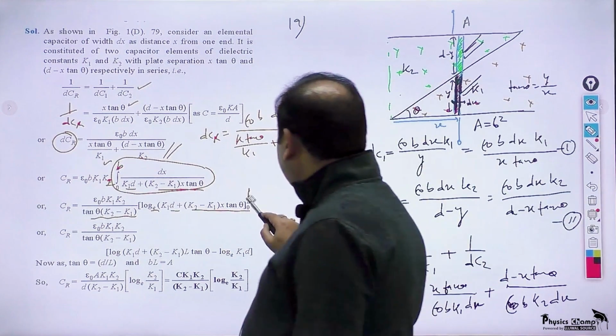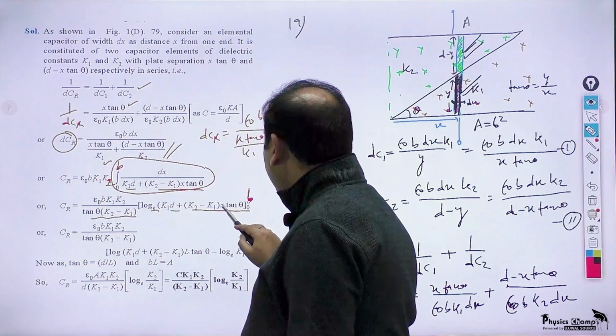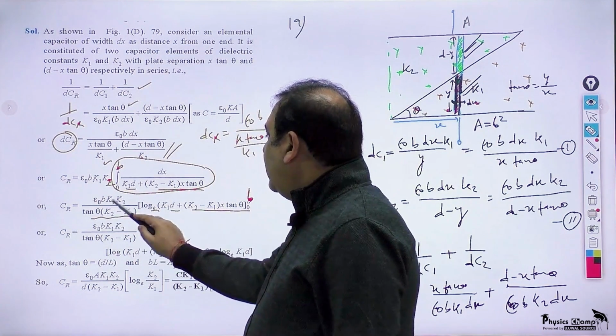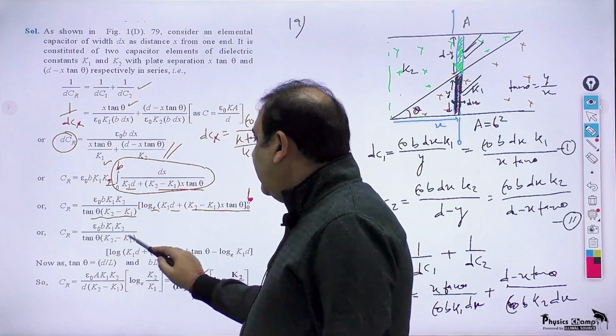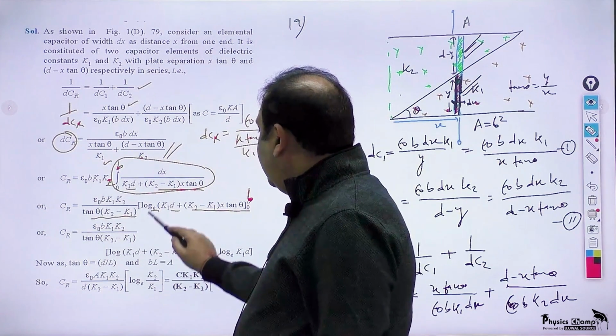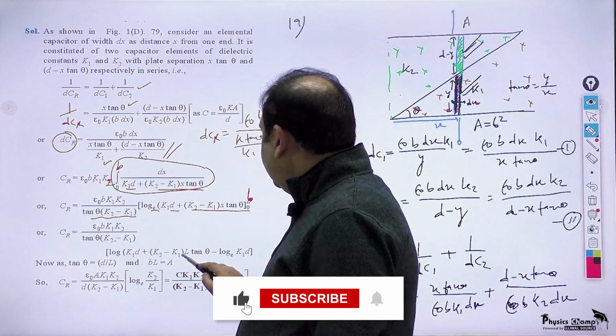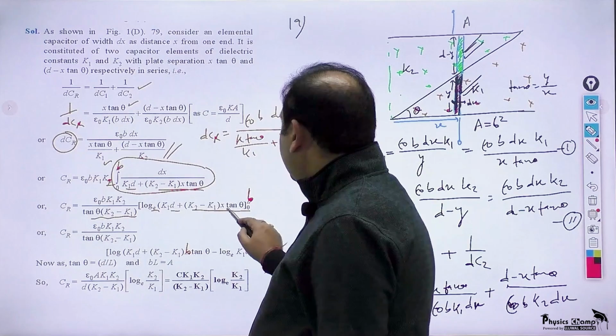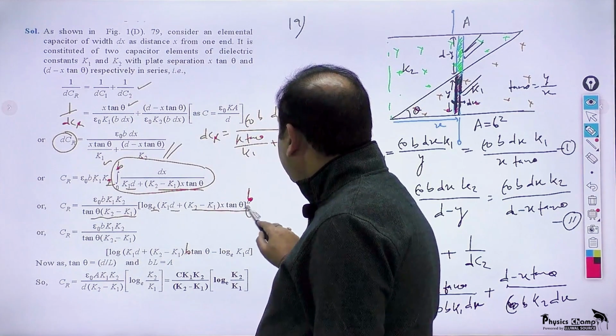And then if we integrate, we put the value of x as b here, and we get epsilon naught b K1 K2 by tan theta (K2 minus K1) times log of K1 d plus K2 minus K1 b tan theta, minus log base e of K1 d. For the second, the value of x will be 0.